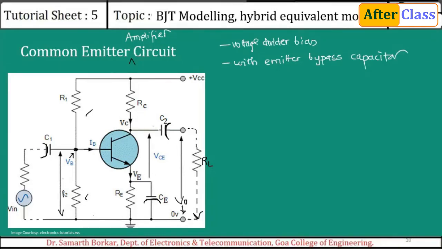And there are two coupling capacitors, C1 and C2. One is at the base and the other is at the collector of the transistor. The signal source is Vin, or we can also write it as Vs, and this resistance as Rs. Vs and Rs.